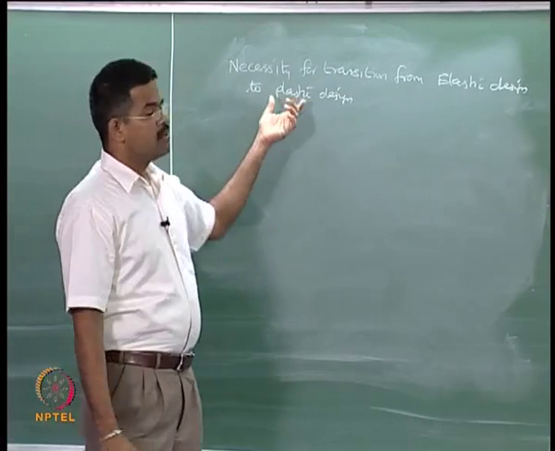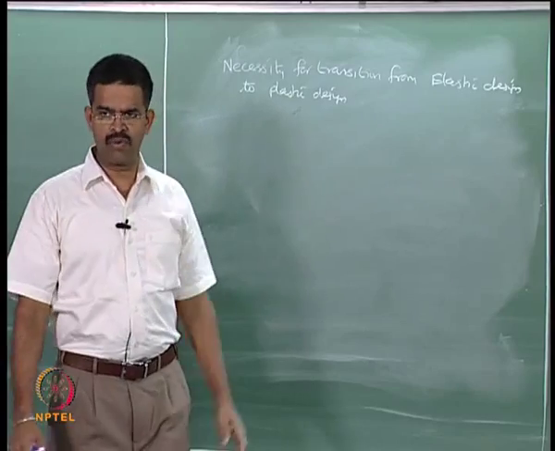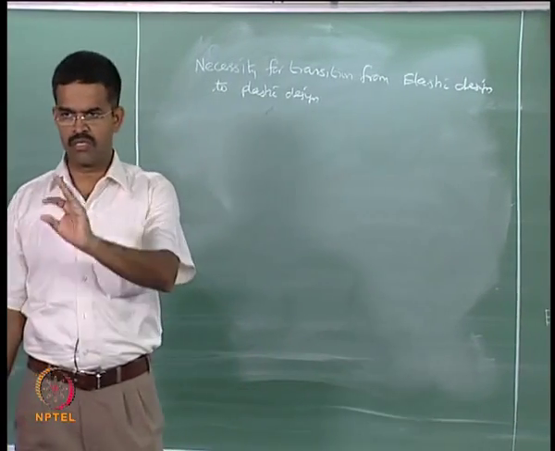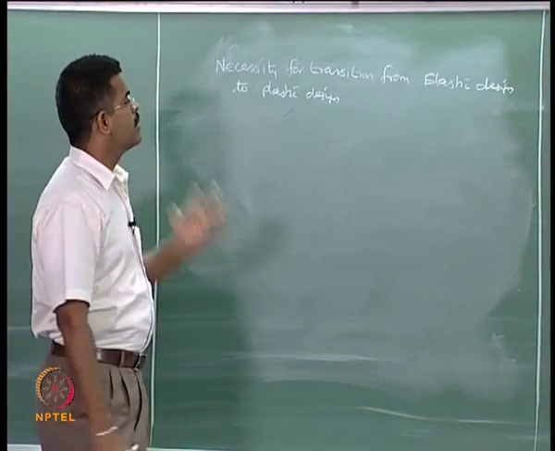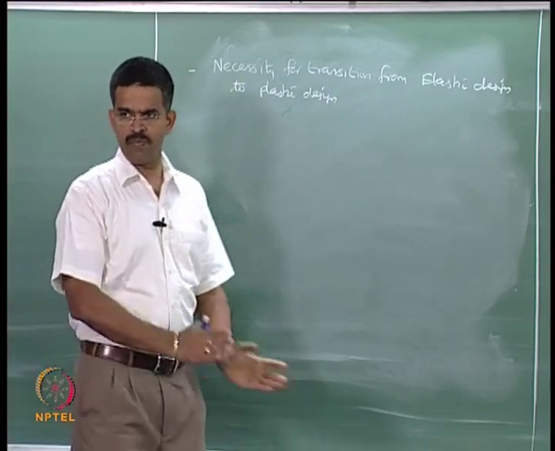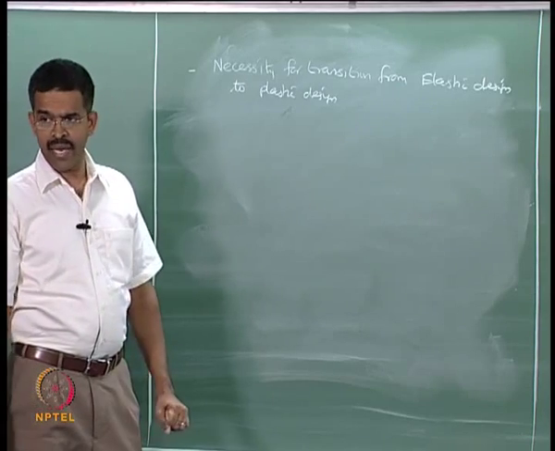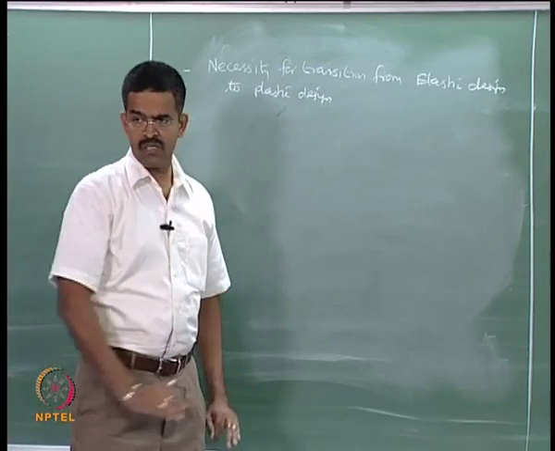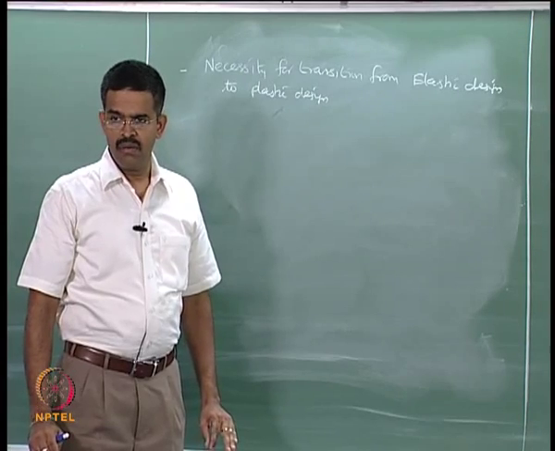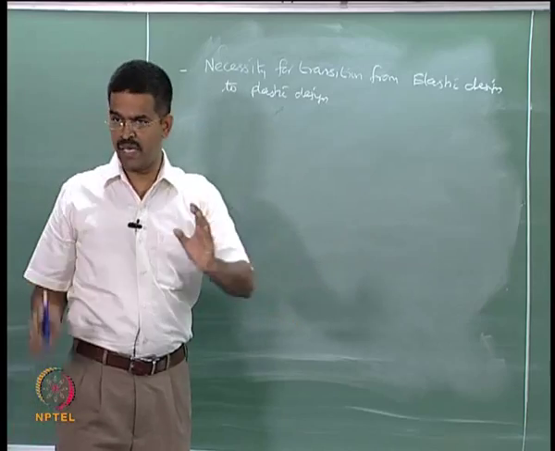It is a phenomenon which causes excessive deformation, which we call a mechanism. Later we will introduce this terminology, okay. So, people have understood the necessity for transition from elastic to plastic design. Now, what is the great insight designers saw when you transit from elastic to plastic area?